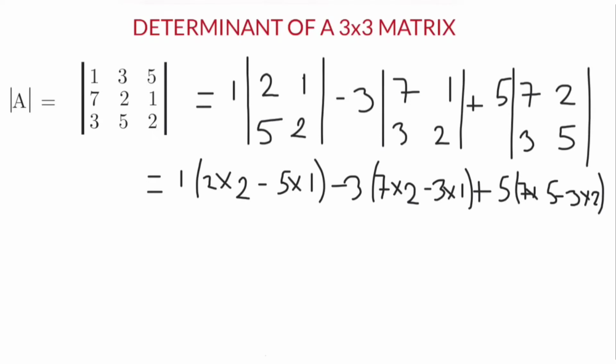Now, what will be the answer? After solving this, we will get 2 times 2 is 4. 4 minus 5 is minus 1.